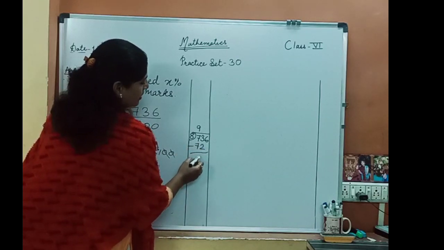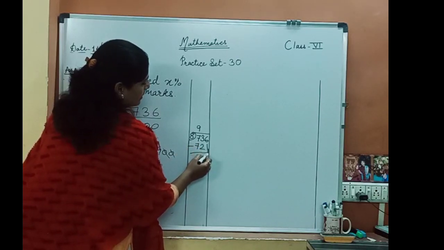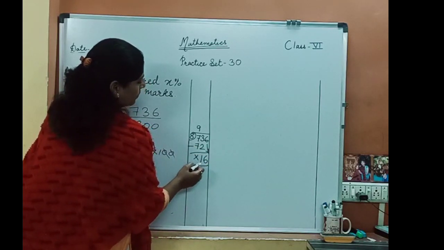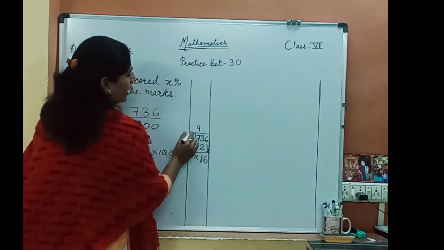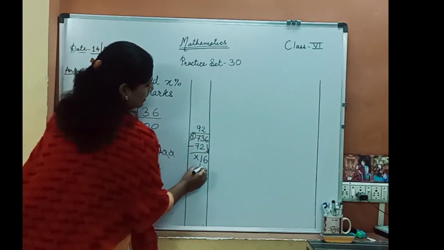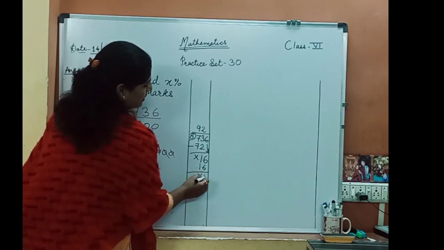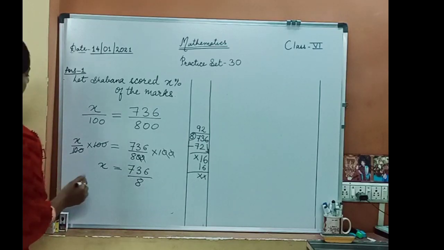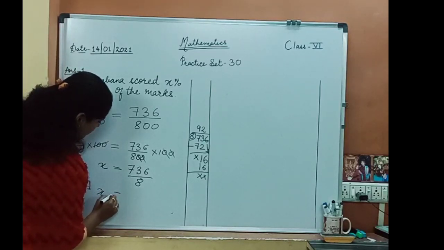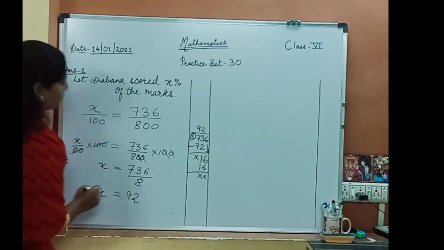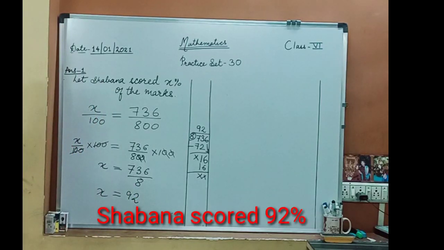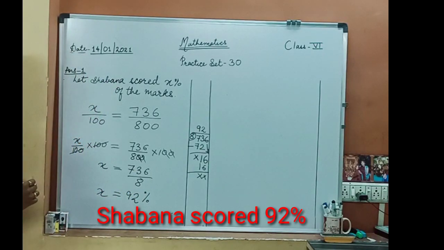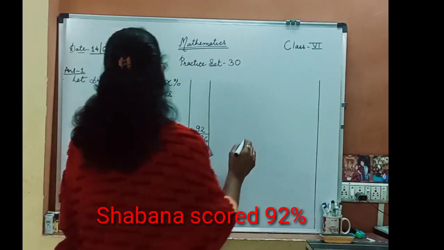Subtraction: 3 minus 2, 1. 6 we take down as it is. 7 minus 7, 0. So 8 twos are 16. And here the remainder is 0. The answer is 92. It means X is equal to 92. So the answer is Shabana scored 92%. Okay. Now let us see question number 2.